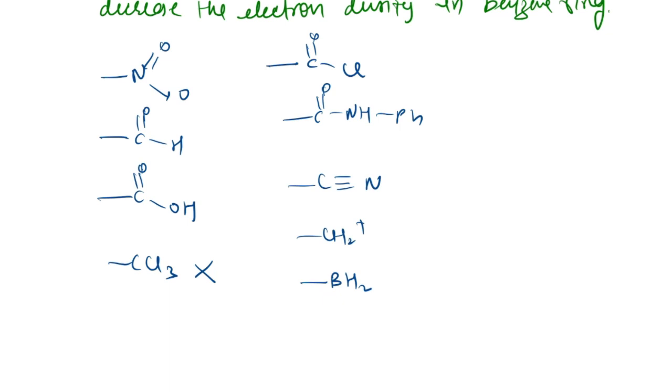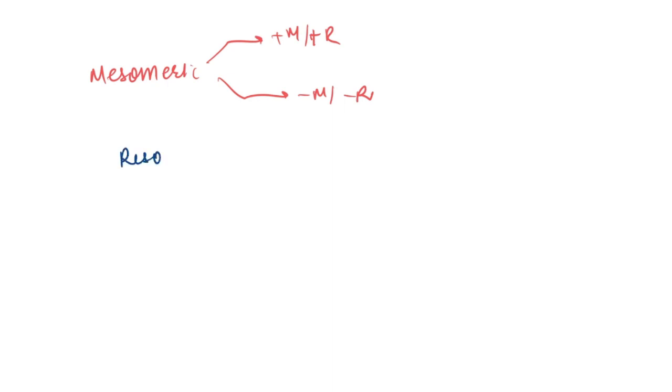So what is the mesomeric effect? Now when I talk about the mesomeric effect, it has plus M or plus R, and it has minus M or minus R. We have seen all the examples, but remember, we have studied till now two effects, resonance and inductive.